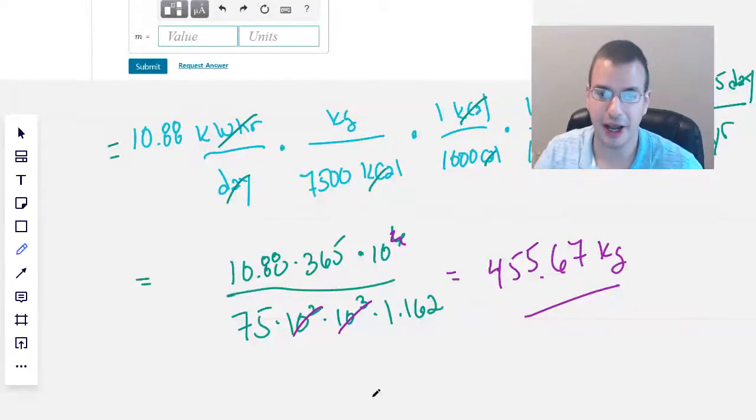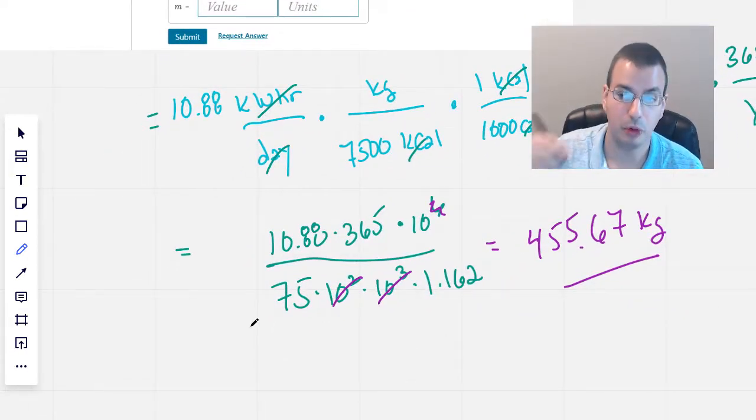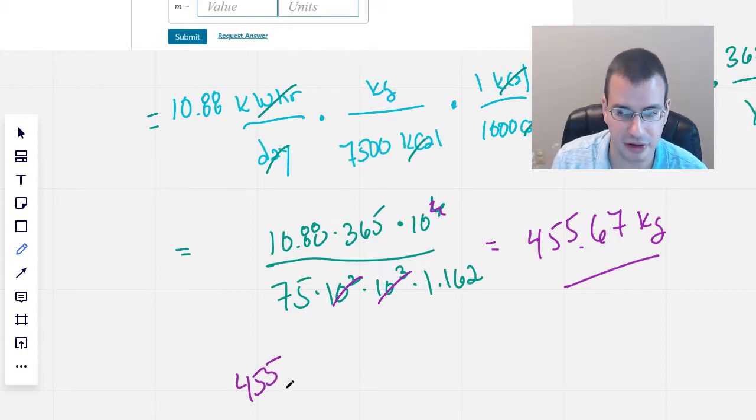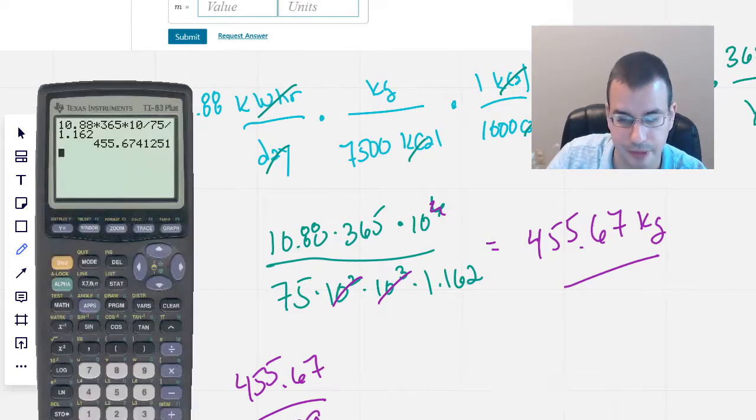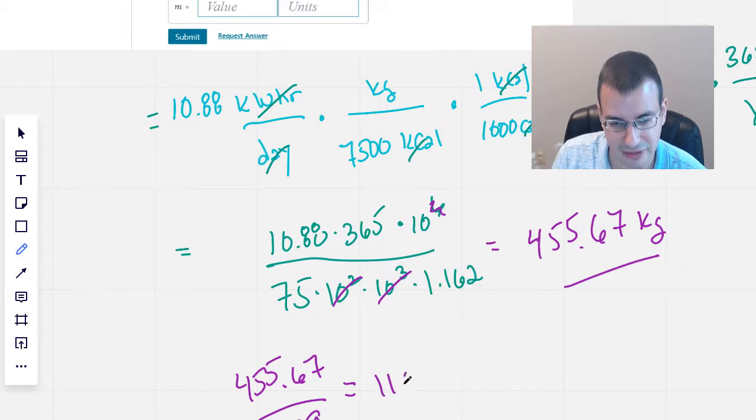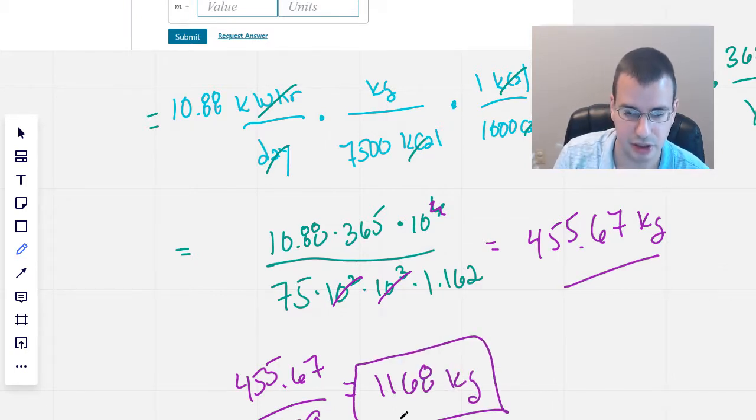And so to take into account that efficiency, we're going to need more coal. So the way we'll take that into account is we'll do 455.67 divided by 0.39. And that gives us 1168 kilograms.